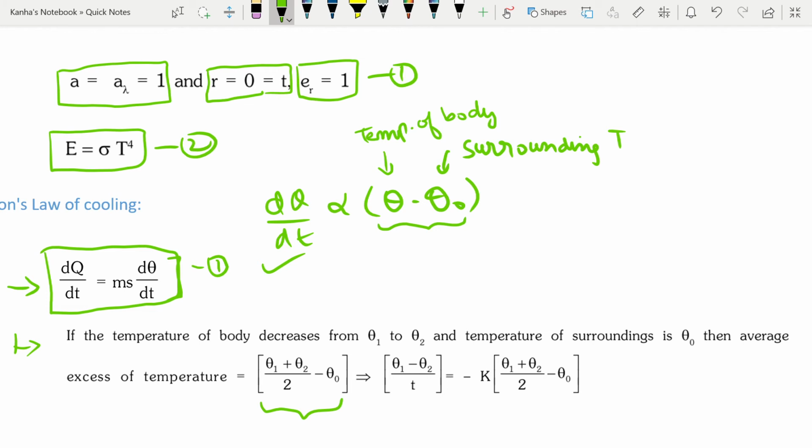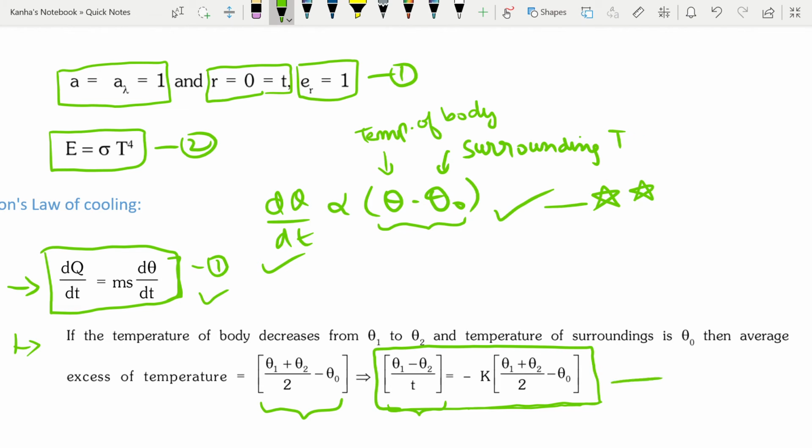If this is the case, then I can simply use my proportional relation and equation number 1 to say that theta 1 minus theta 2 by t is equal to minus k times theta 1 plus theta 2 by 2 minus theta naught. This k is a constant, and in questions you will be required to find the value of k at times. This is just a consequence of the basic proportionality relation. So you should remember this, and we'll do some questions based on it.